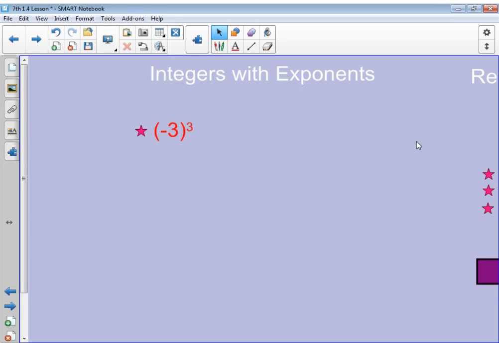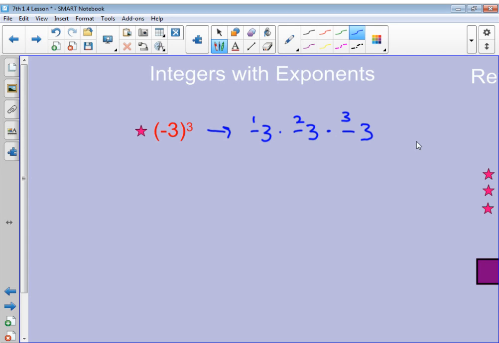So if you have to, you can think of it like this. Negative 3 times itself 3 times. Okay, so now if I count my negatives, there's 1, 2, 3. So 3 negatives tells me it's going to be a negative answer. And now I just think 3 times 3 times 3, which is 27.